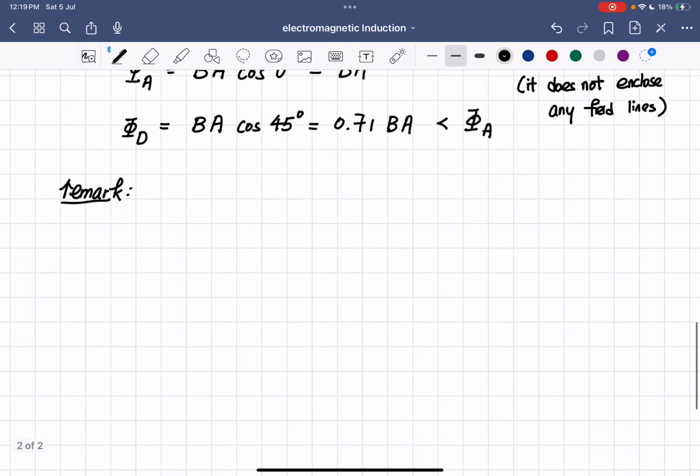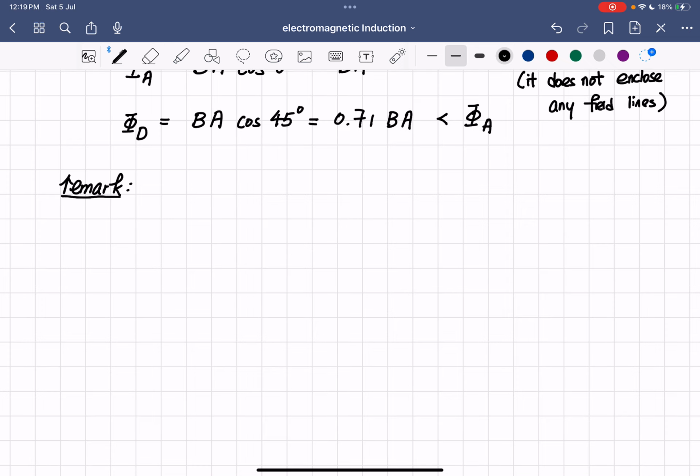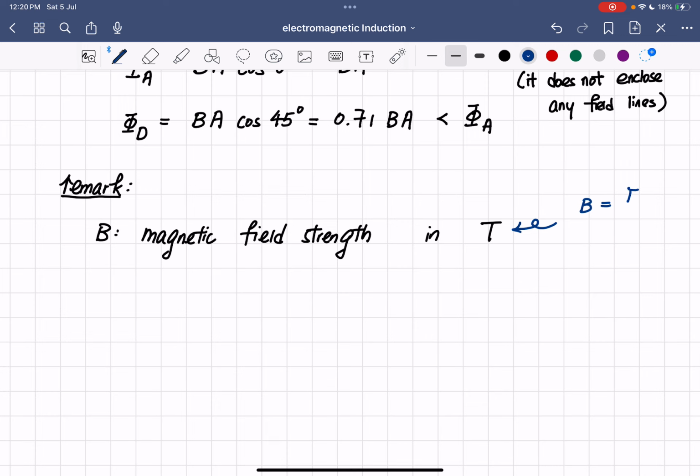So far, we will call B the magnetic field strength. We also use the Tesla, T, as a unit of magnetic field strength, and this Tesla is well defined.